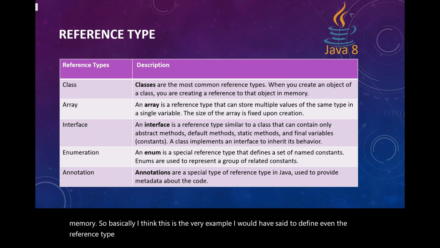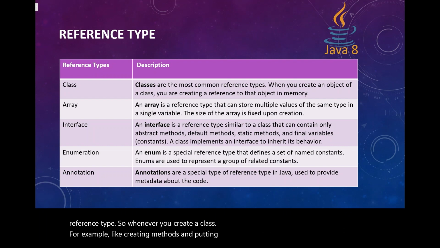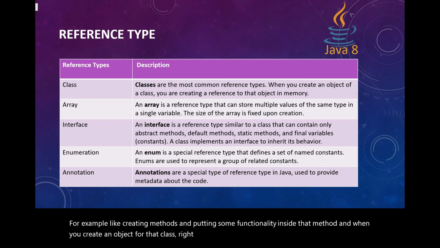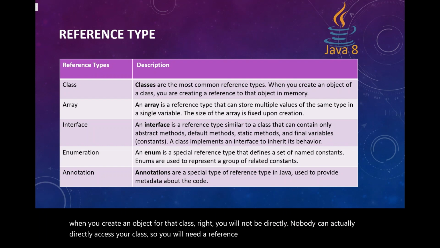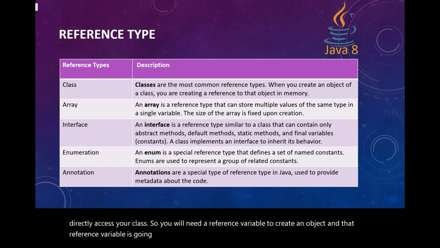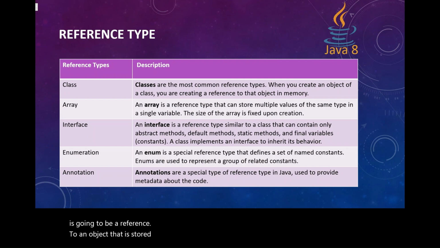Whenever you create a class, for example creating methods and putting some functionality inside them, and then create an object for that class, nobody can directly access your class. You need a reference variable to create an object, and that reference variable refers to the address of the values and not the values directly. So it is a reference to an object that is stored in memory.